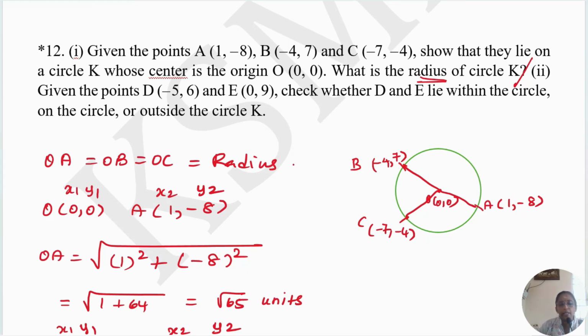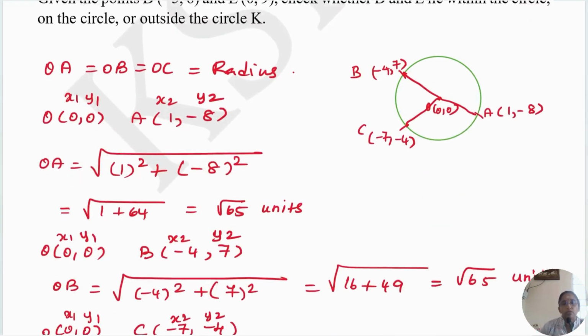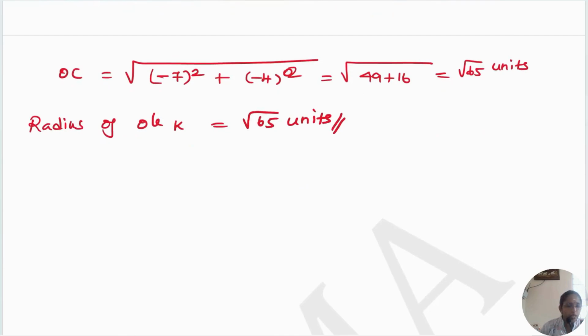So again we have to calculate the distance between the origin and point D, and one more time between the origin and point E. If OD or OE is lesser than root 65, then the point lies within the circle. If it is greater than root 65, then the point is outside the circle. If it is exactly equal to root 65, then the point is on the circle.